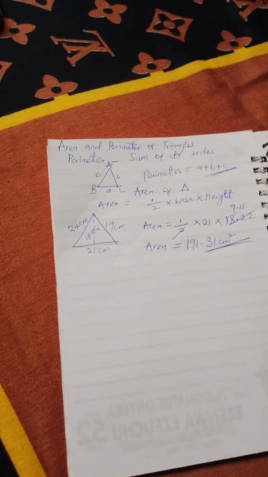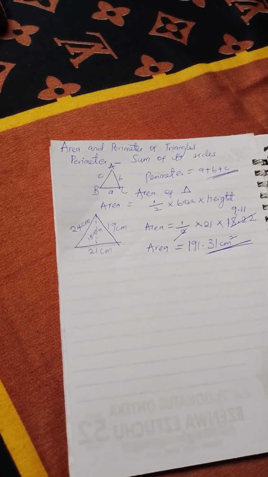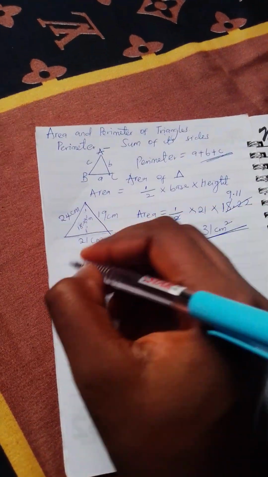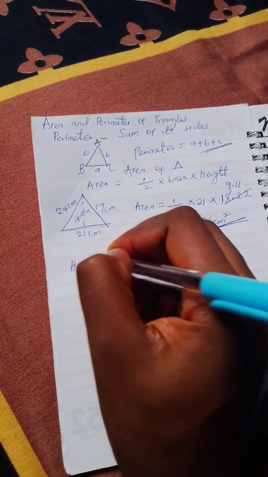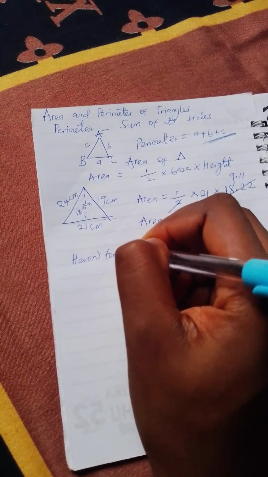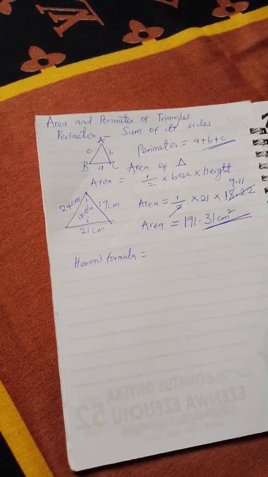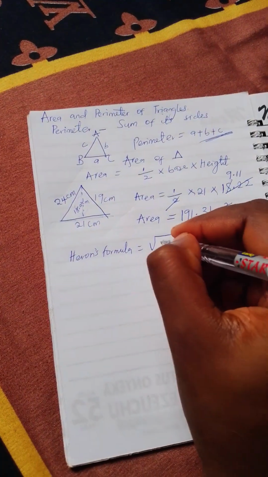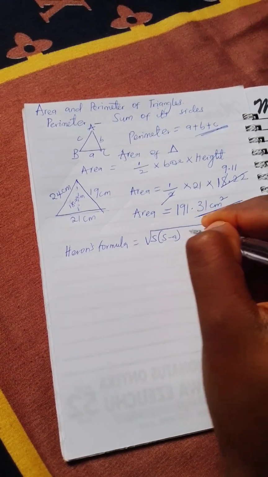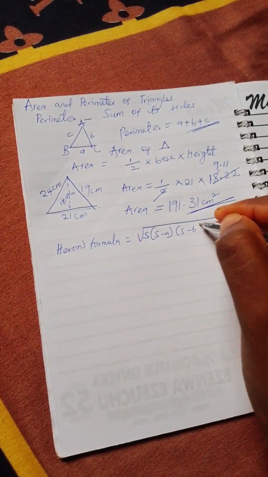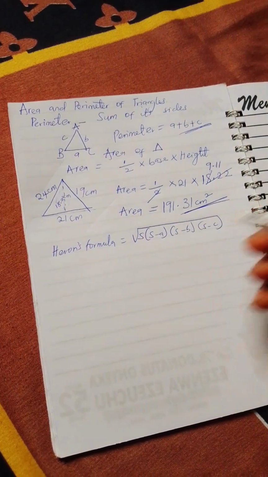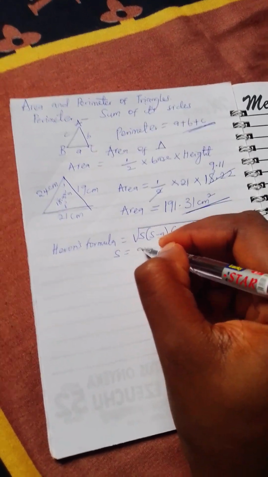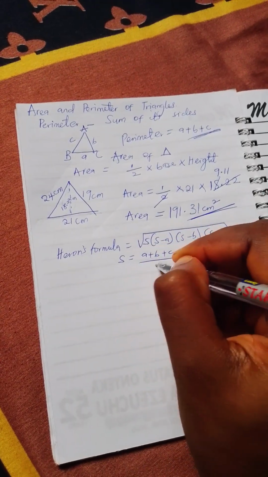Now, there is also another formula for calculating the area of a triangle when you are not given the height. And this formula is known as Heron's formula. This formula simply states that the area of a triangle is given by root s into s minus a into s minus b into s minus c, where s is the sum of the three sides divided by 2.